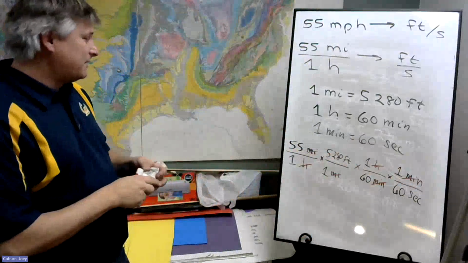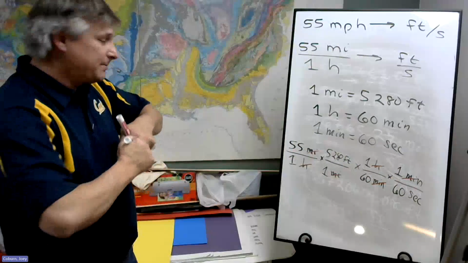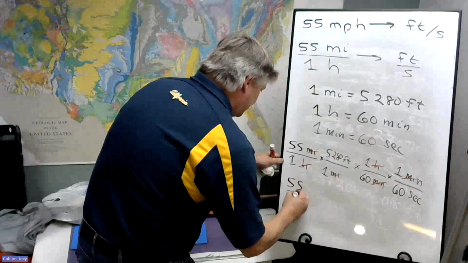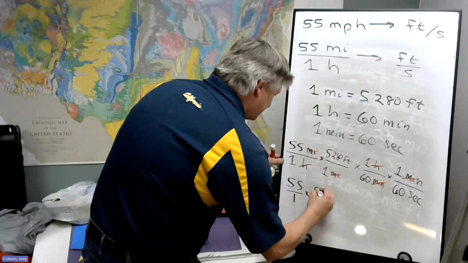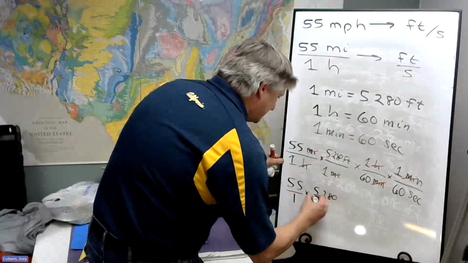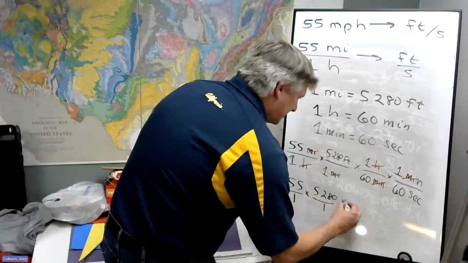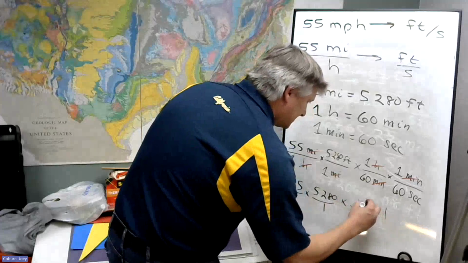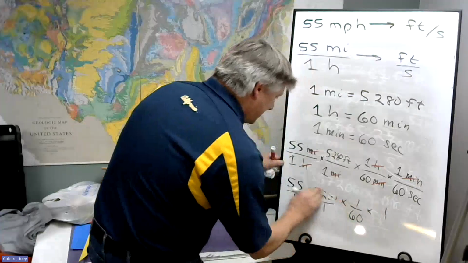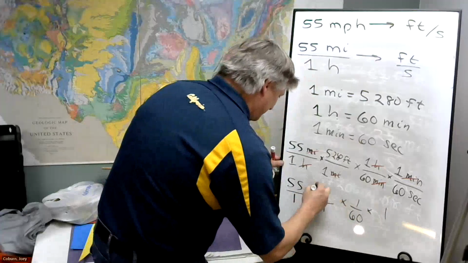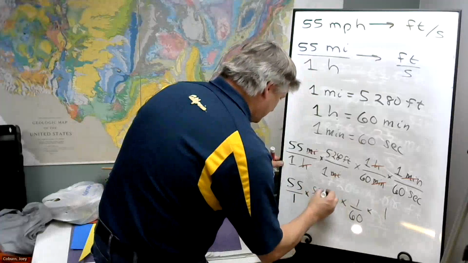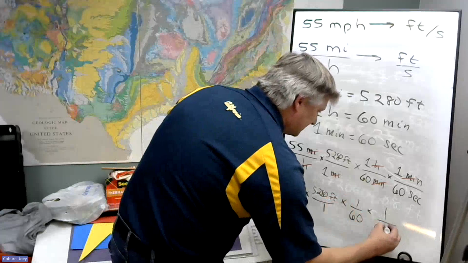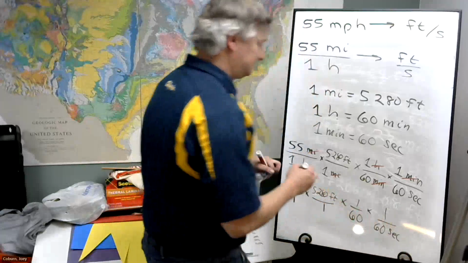So what do we have? Well, once we clean up all the cancellations, 55 over 1 times 5,280 over 1 times 1 over 60 times 1 over 60 seconds.